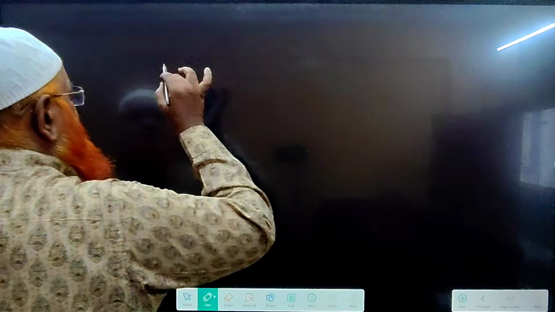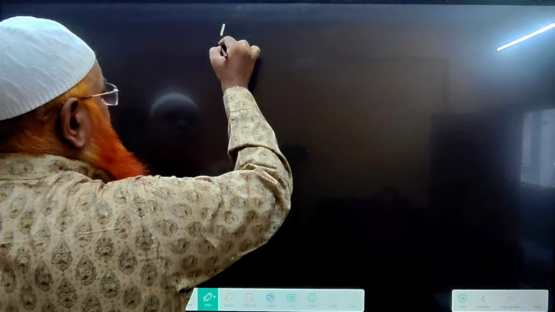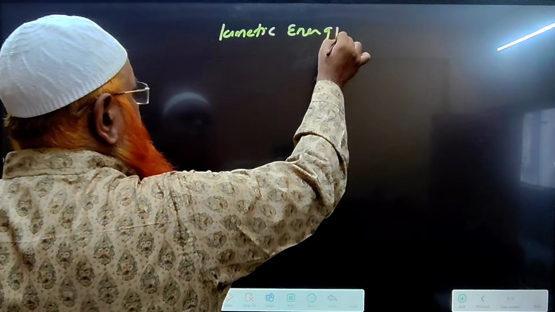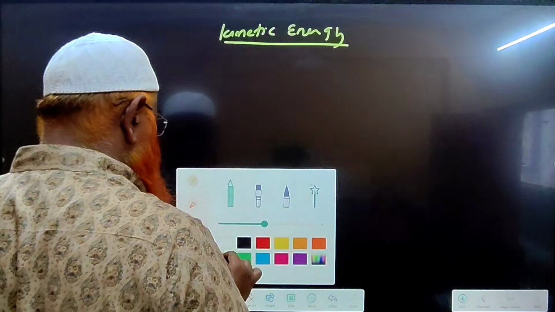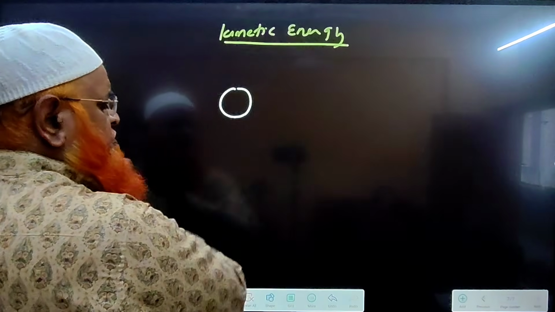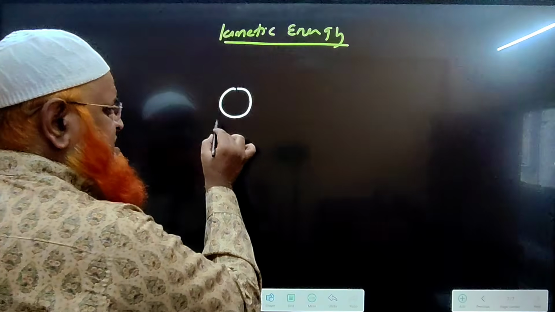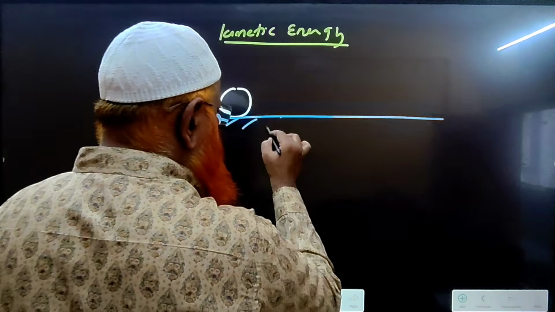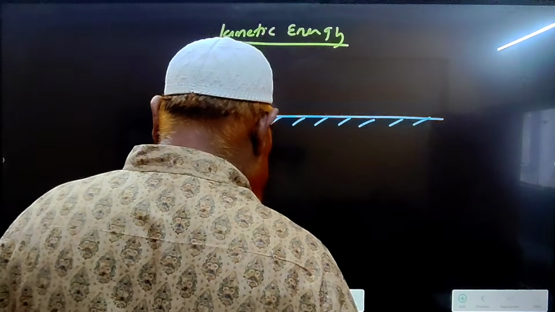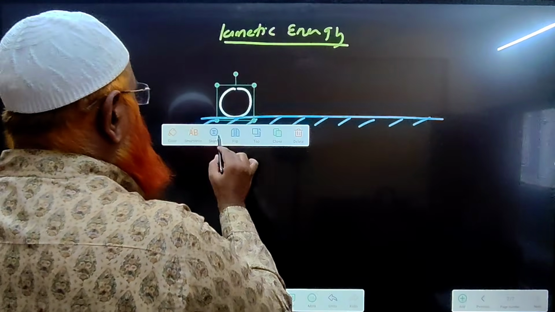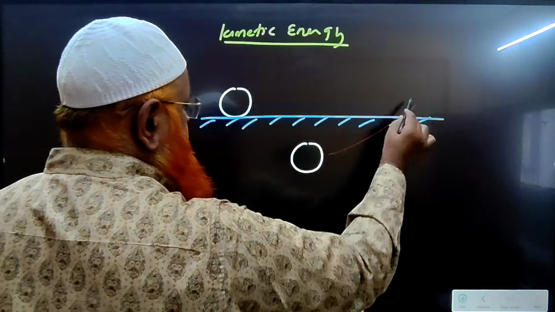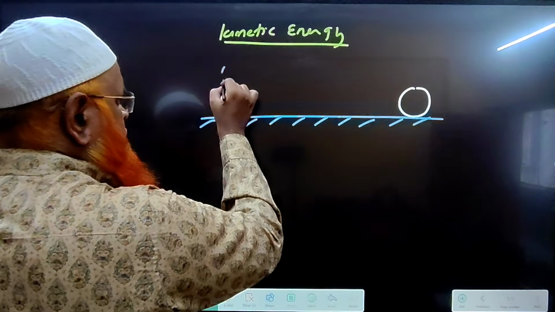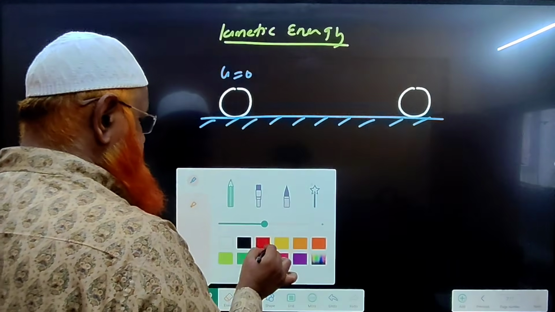Now if you understand the work done here, what is the formula for kinetic energy? See here, consider any body, say a ball present on the ground. The initial velocity of the ball is 0.